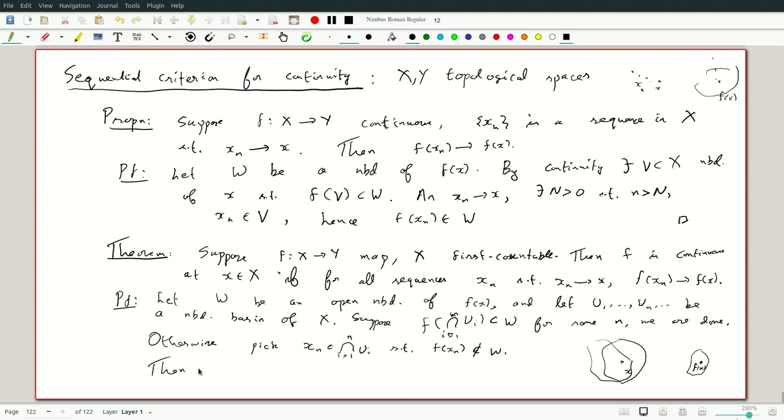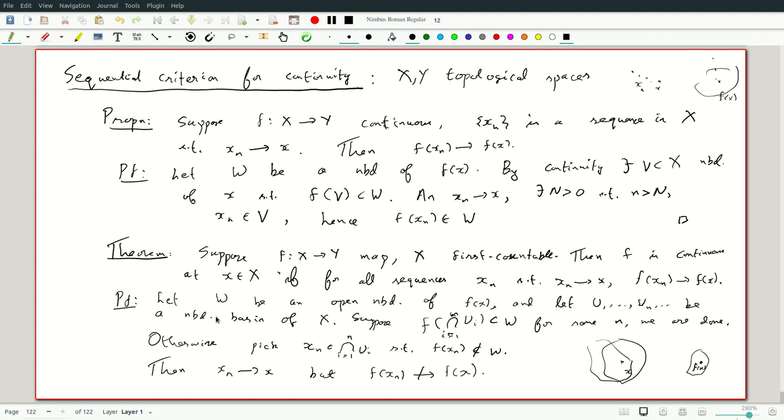Then, as we saw with the closure, x_n converges to x, but there is an open neighborhood of f of x which f of x_n is never in. Forget about being eventually in it, but f of x_n does not converge to f of x.